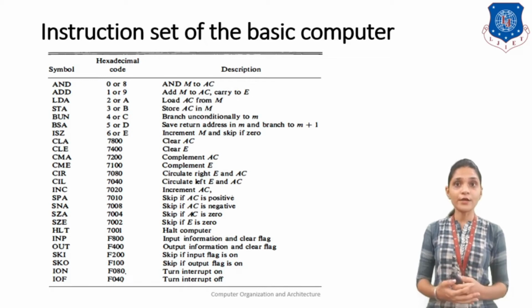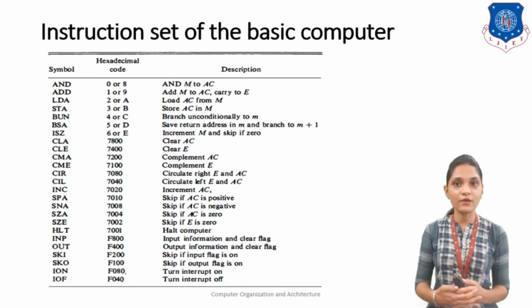For register reference instructions, we have instructions like CLA for clearing the content of the accumulator, CLE for clearing the E flag, CMA for complementing the content of the accumulator, CME for complementing the E flag, CIR for circularly right shifting the accumulator's content, CIL for circulating E and the accumulator to the left, and INC for incrementing the content of the accumulator.